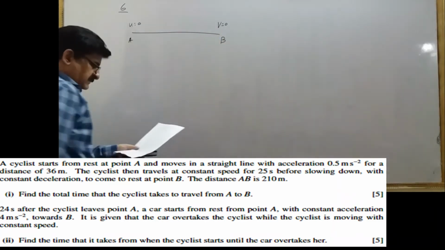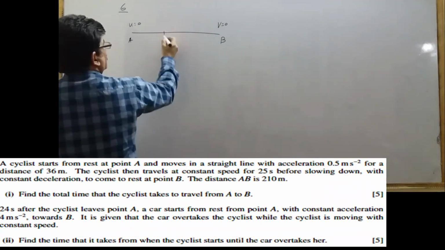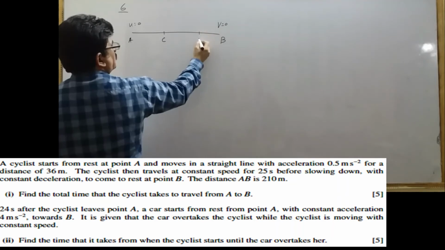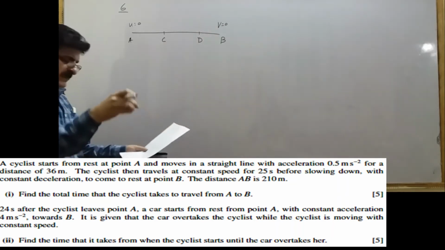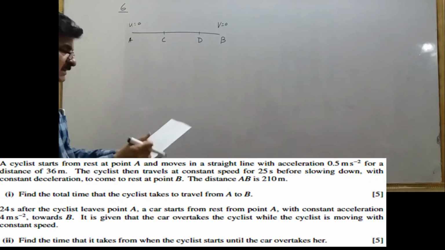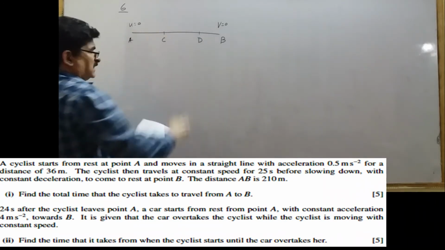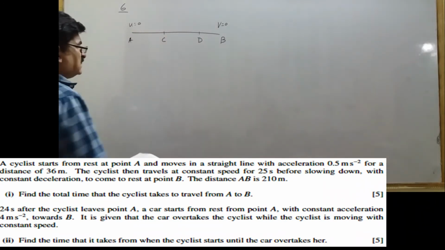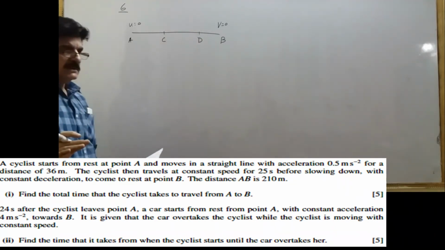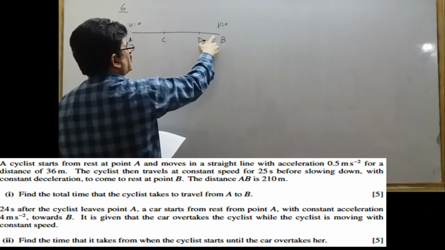Now throughout the motion, acceleration is not constant. Up to a point C, say suppose this is C, and then we have another point D. C and D are not mentioned in the question. I am supposing these points C and D because the first motion is with increasing speed, constant acceleration, then this is the second stage of motion during which the acceleration is 0, and then the third stage.